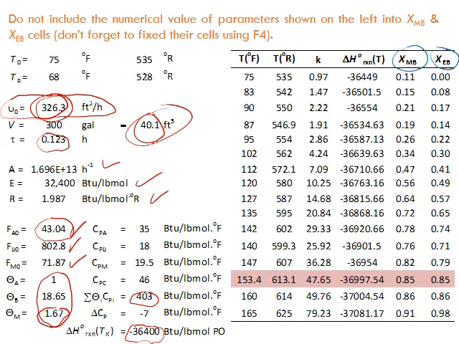as a function of temperature. That means you have to vary temperature and calculate X_MB and X_EB. So I varied temperature. I started with 75, so I linked this cell to this one, and then added 2.5 degrees Fahrenheit in each step.